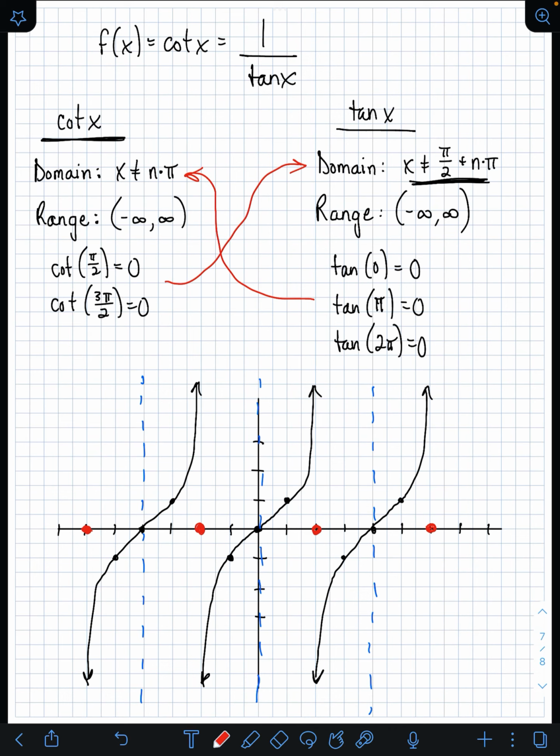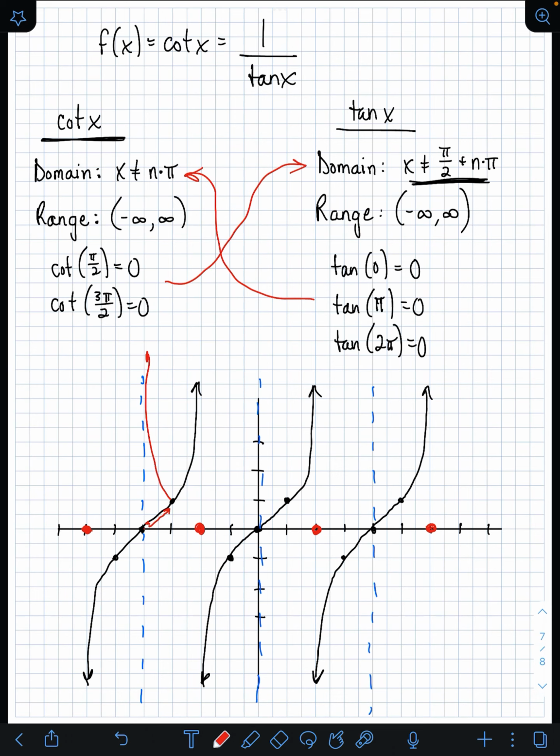So right past its central point there, tangent is just barely above 0. Positive, but very, very small, which means cotangent is positive and very, very large. And as tangent rises up to 1, cotangent has to come down to 1.